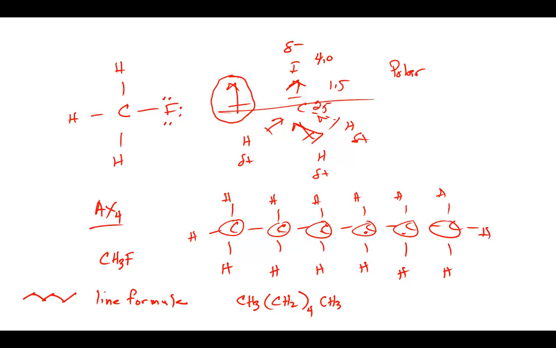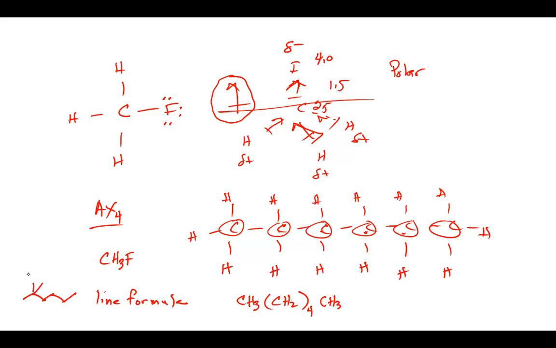What's assumed here is that at each one of those points, we know the carbon has to have 4 bonds. So this carbon at this point here has a bond to 2 carbons, so that's 2 bonds, and we're not drawing in the hydrogens.